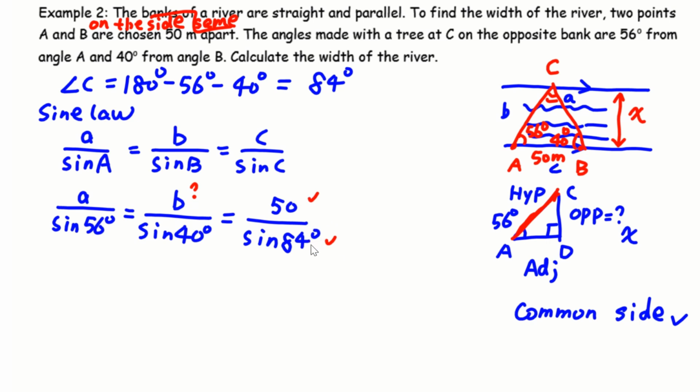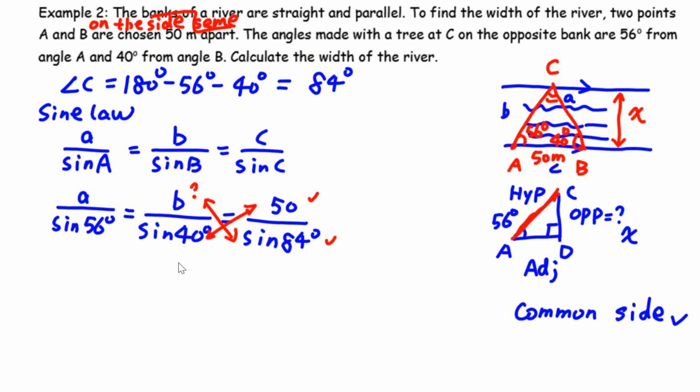In this one, both numerator and denominator are given, so we want to use this ratio. So we use the second and third ratio to solve for b. b is at the numerator, so you don't have to cross multiply. You could just move the sine 40 degrees to the other side by doing the opposite operation, which is multiplication, but cross multiply works better if b is at the denominator.